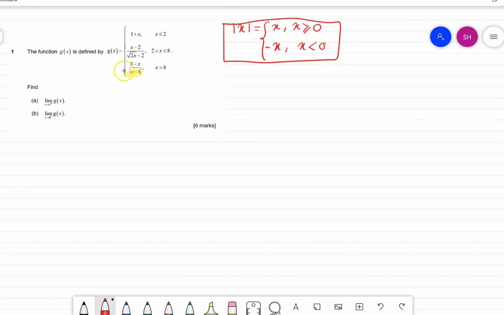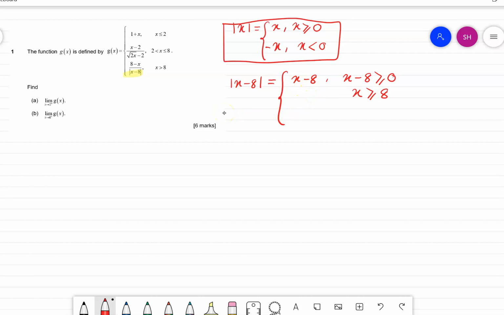For our case, the modulus is x minus 8. When you define the modulus, it will be positive x minus 8, with the condition that inside the modulus, x minus 8, is greater or equal to 0. Make x the subject: x greater or equal to 8. This means for values of x greater than or equal to 8, our function will be x minus 8.